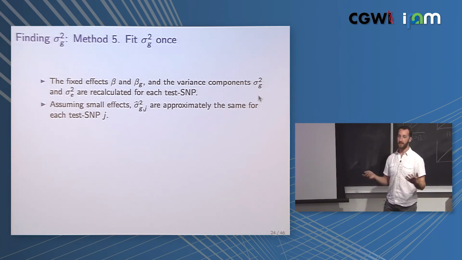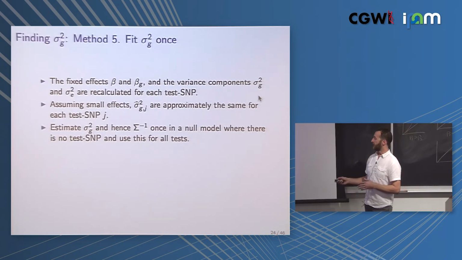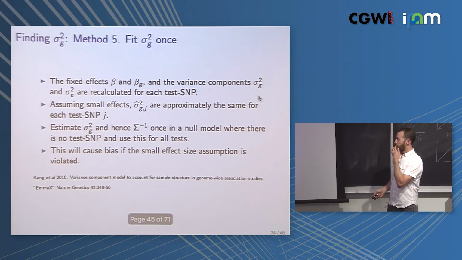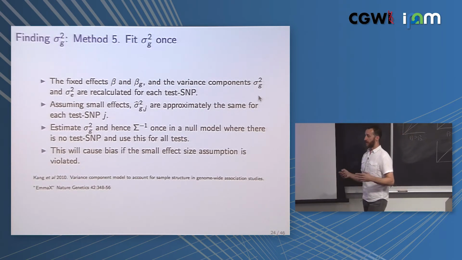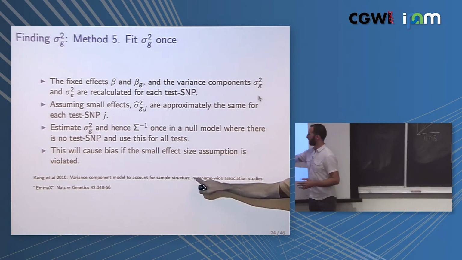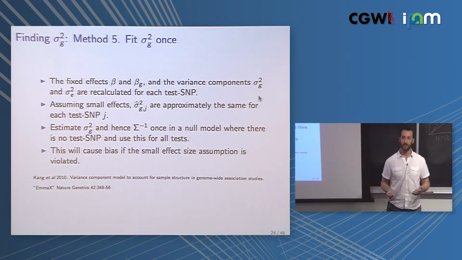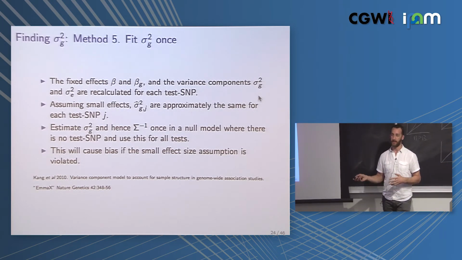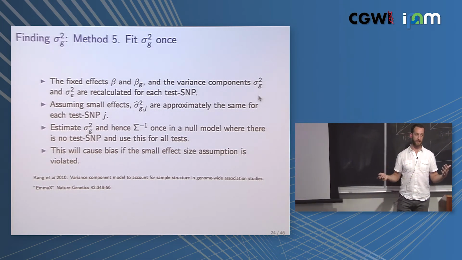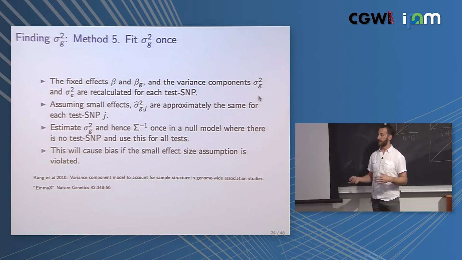So we can estimate sigma g squared once, and we can really speed everything up, but this only works if the effect sizes of the SNPs that we're testing are very small, which is true in genetics and in practice. This is a very commonly used trick where we estimate sigma g squared once under the null, and then we just test every SNP with that same sigma g squared.